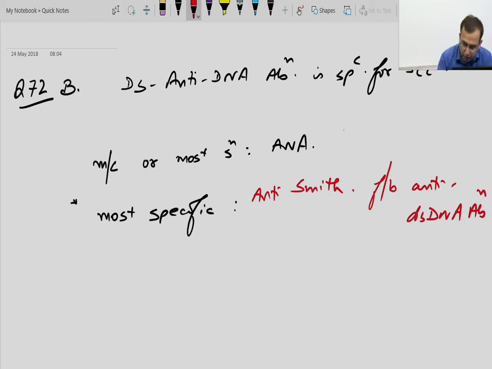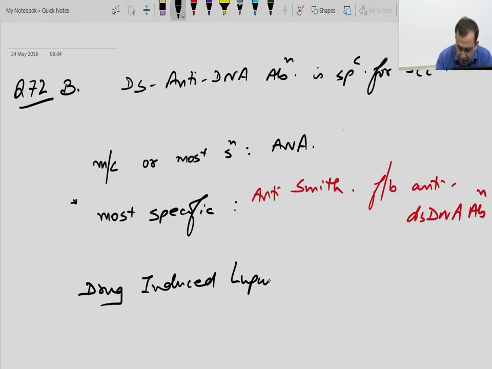So that is most specific. Next point, drug-induced lupus. It is associated with anti-histone antibody.